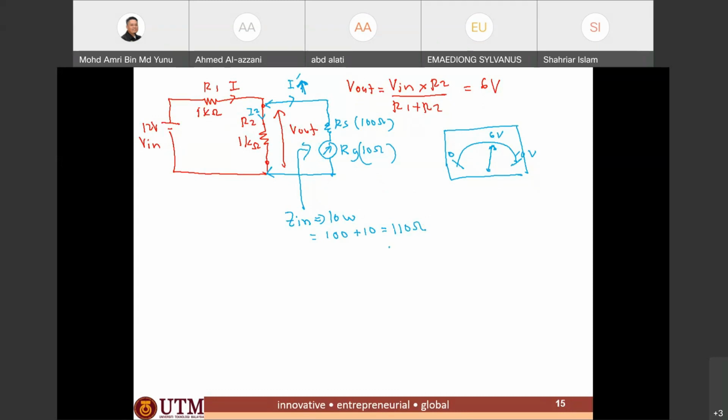So V out is equivalent to V in multiplied by R2 parallel with Z in, divided by R1 plus R2 parallel with Z in.